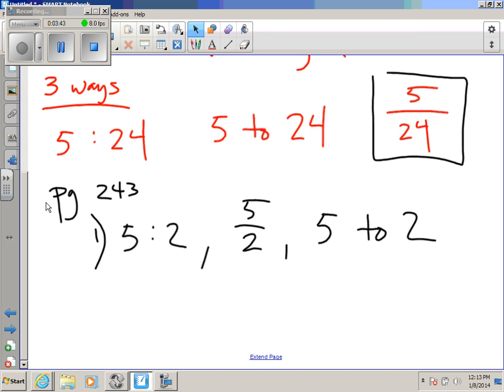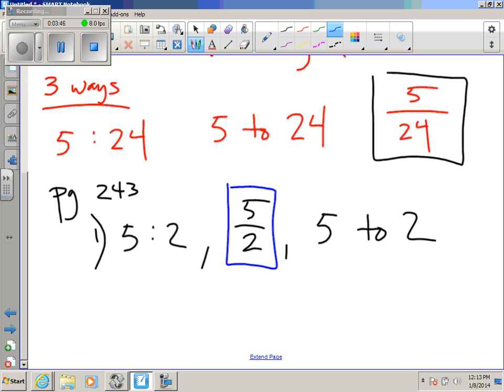Focus real quick on that ratio. At first glance, it looks like an improper fraction. And if it were an improper fraction and you were told to simplify, your first instinct might be to convert it to one and a half. Okay, don't write this. You might say, oh, that's easy, that's 2.5.